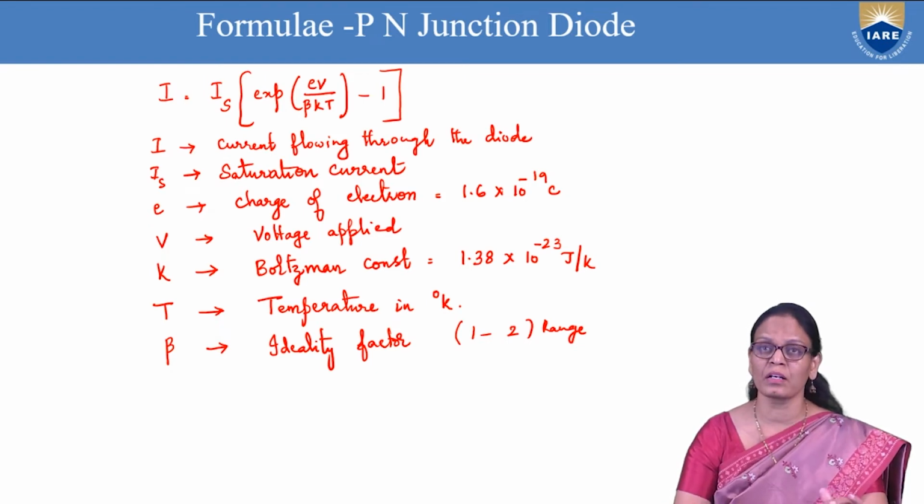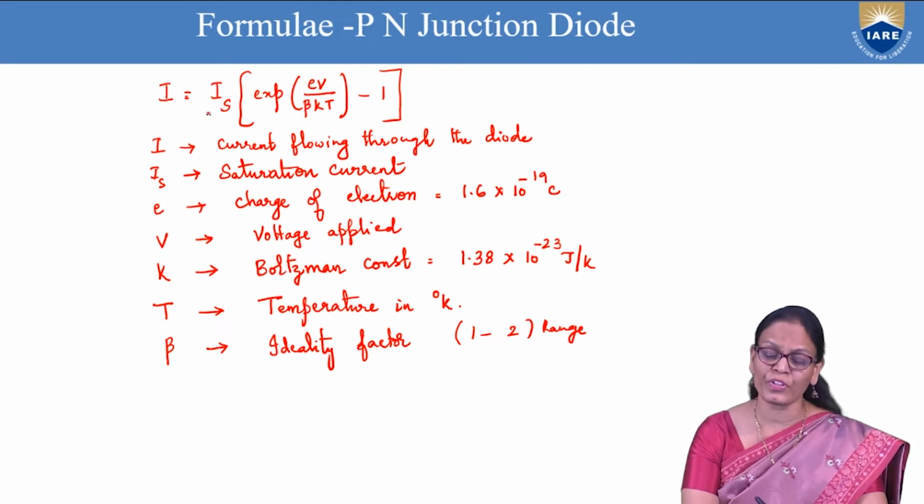So in the numericals, given the values of Is, the saturation current, and the voltage at a given temperature, we can very easily calculate the current flowing through the circuit. Or if you are given I, you can calculate Is, the saturation current.